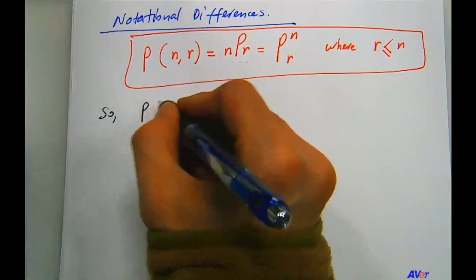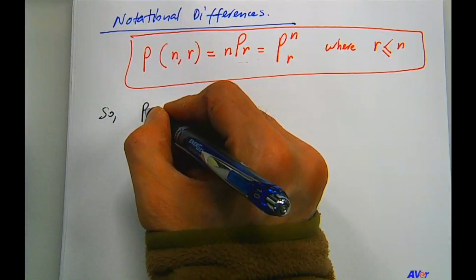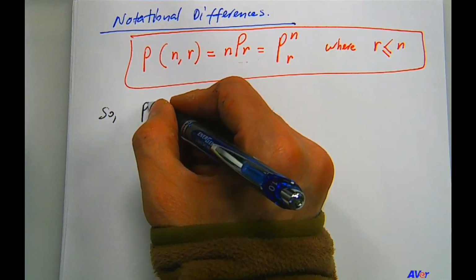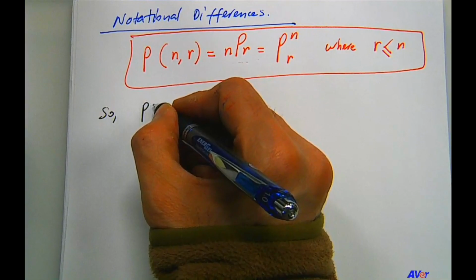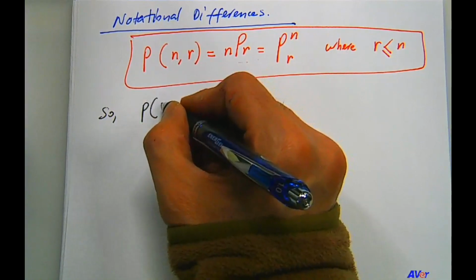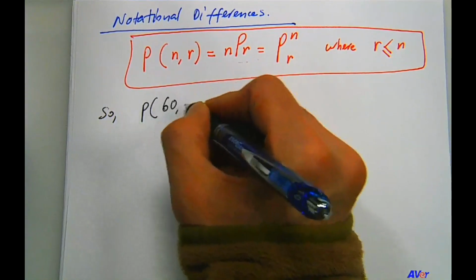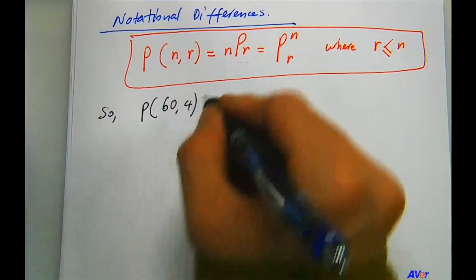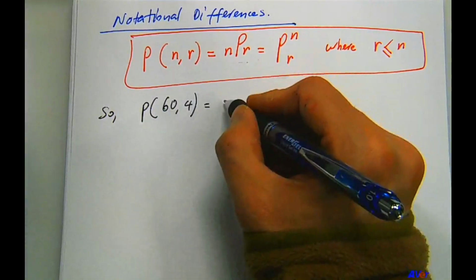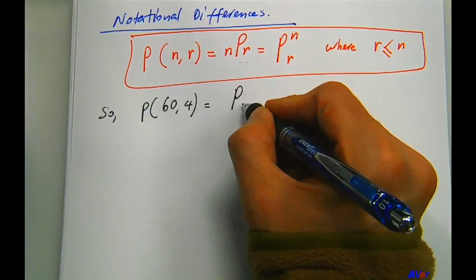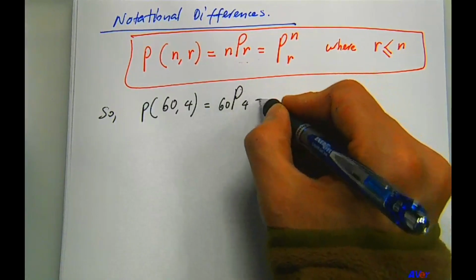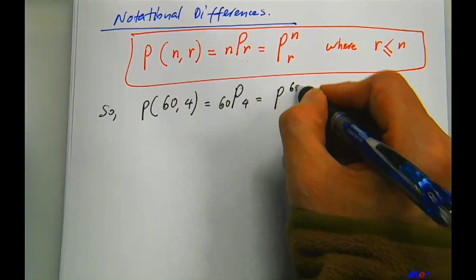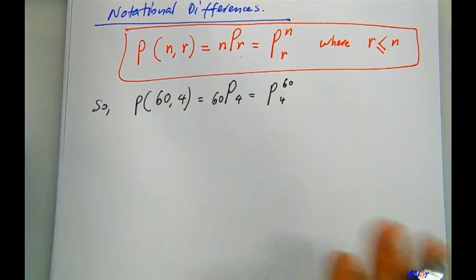So p, and this is lowercase p, not capital letter P, which is used for probability. So lowercase p, and then 60 comma 4. This is equivalent to 60 permutation 4, or that notation.